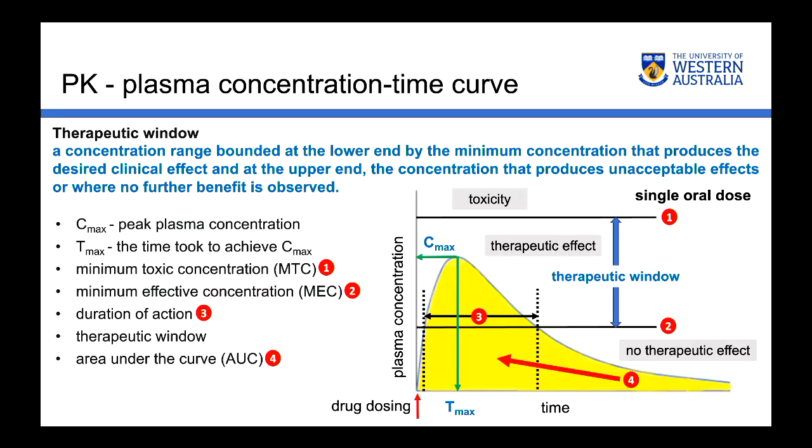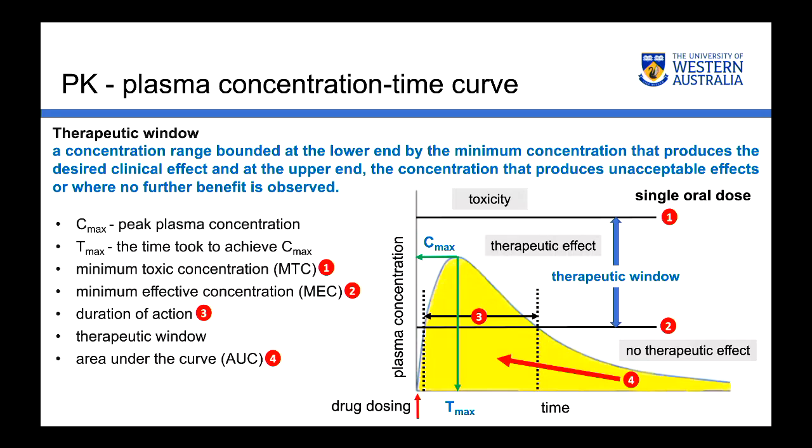If the plasma concentration of the drug is above the upper boundary of the therapeutic window, then it will not only produce therapeutic effects, but it will also cause toxicity. So the ideal situation is to maintain the plasma concentration of a drug within the therapeutic window.